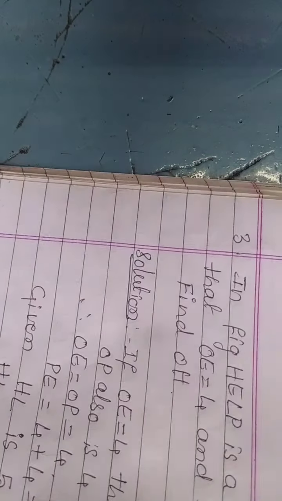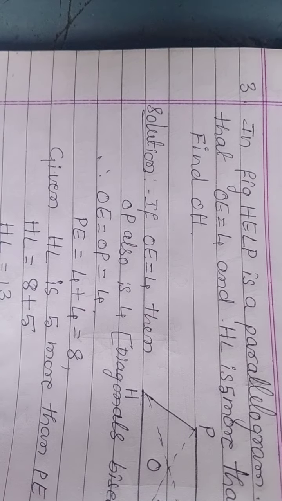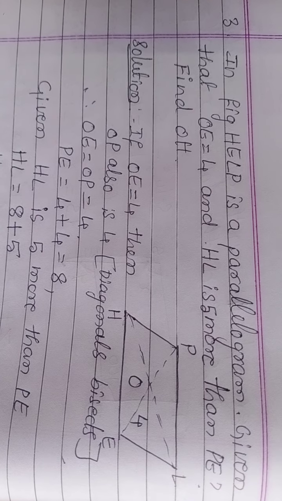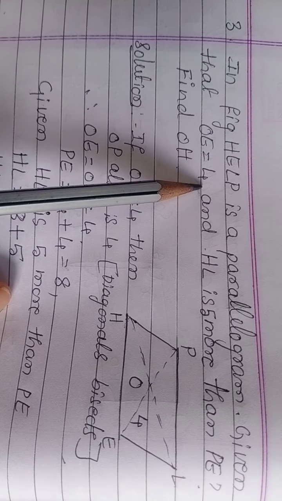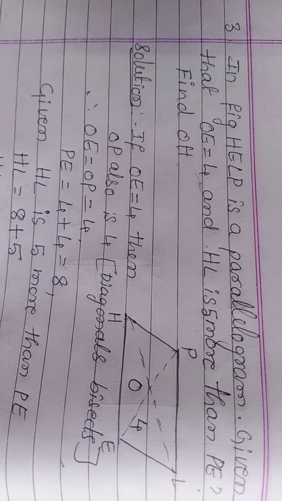Okay. Now let us move to a few more problems. The next problem is this one, children. It is related to sides. So what is the question? Let us understand here. In the figure, HELP is a parallelogram they are saying.